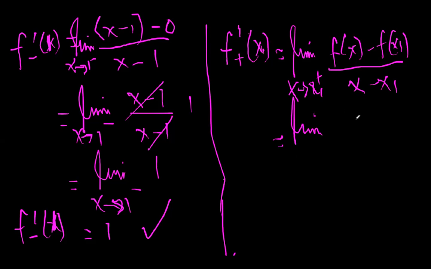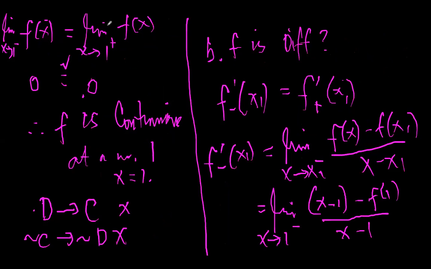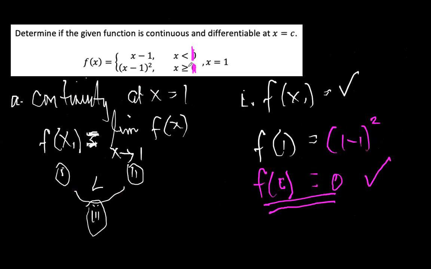Okay, so let's just write here, copy. And this is f of 1 over x minus 1 as x approaches 1 from the right, right? Since we're talking about all the values of x which are at the right side of 1, let's check the function.